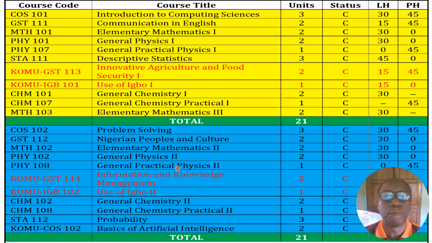So now, cybersecurity being, eventually, under Faculty of Computing, we have picked this faculty course, that is KOMU Homegrown Faculty Course, and we call it Basis of Artificial Intelligence. So when you do that, you have the 21. So that is step number 4, which is actually adding the outstanding courses.